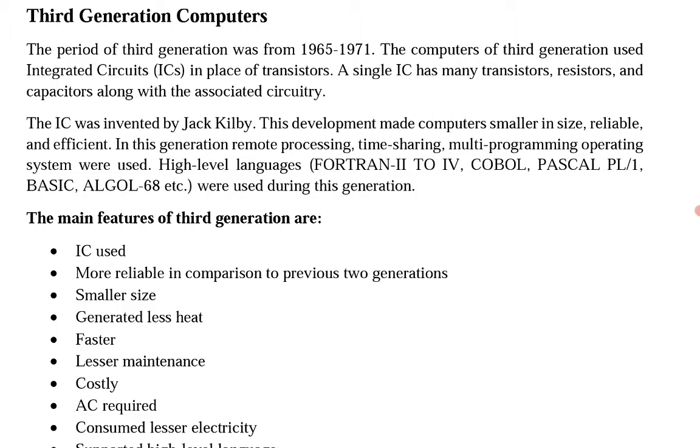It is a collection of transistors placed in one place instead of using separate transistors. A single IC may have many transistors, resistors and capacitors along with the associated circuit.